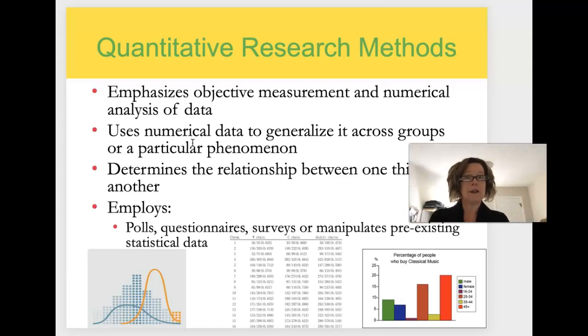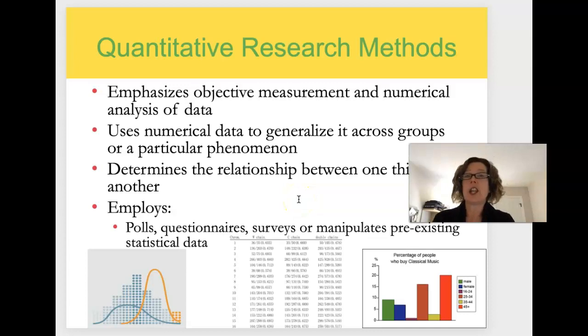This caused this. Now, again, there's always going to be controversy in that, but quantitative research methods generally make those broader statements. In this situation, this will happen, and you can be fairly sure about it.